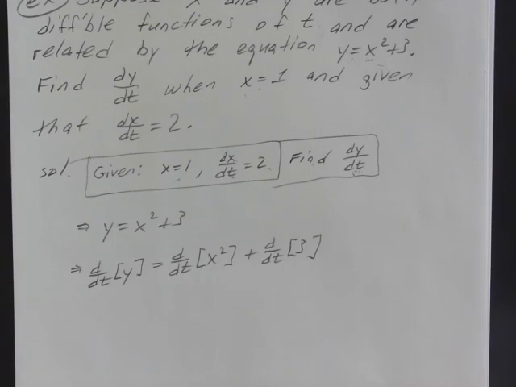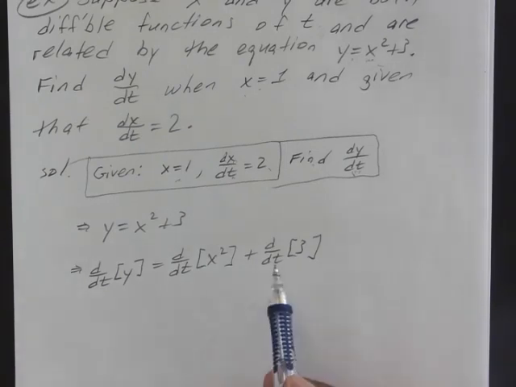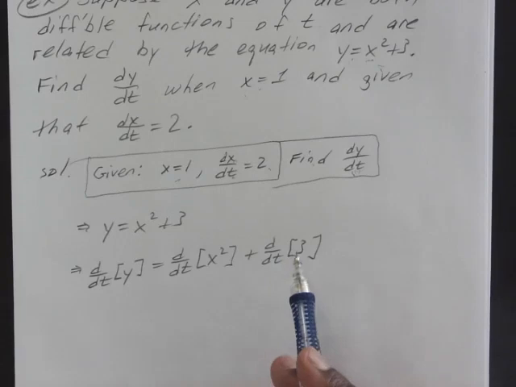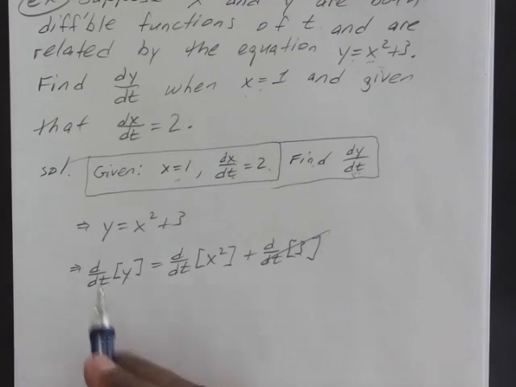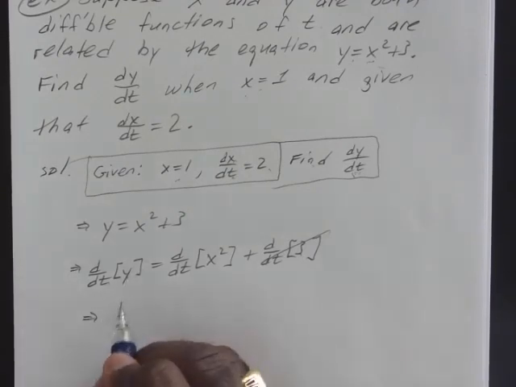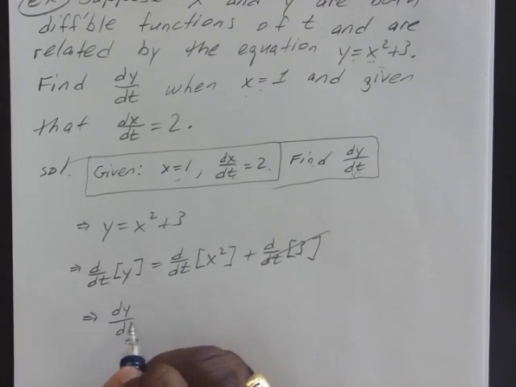Okay. So with the last term, it doesn't matter what the independent variable is, the derivative of a constant is always going to be 0. So we know that disappears. This derivative with respect to t of y, because it's just y by itself, you can just write it as dy dt.